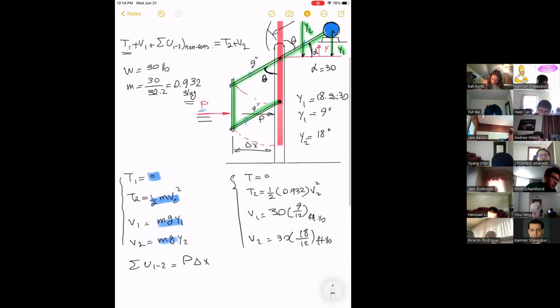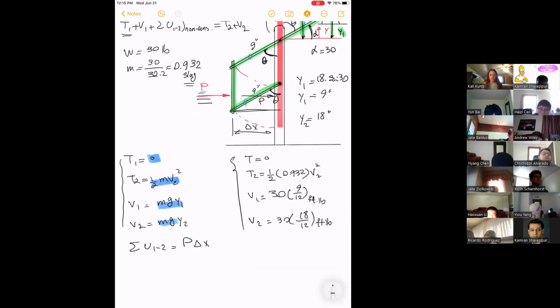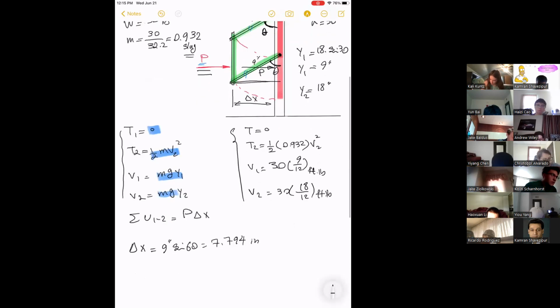And delta X, if you look at this, this is your delta X. This is the angle theta. So delta X is going to be 9 inches times sine 60, which is going to be 7.794 inch, and your U12 is going to be 150 times 7.794.